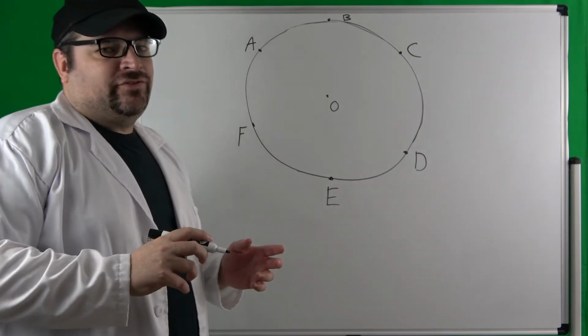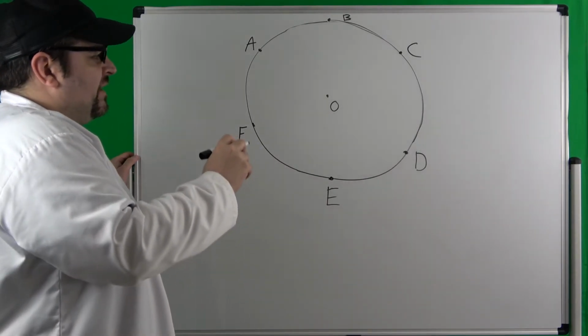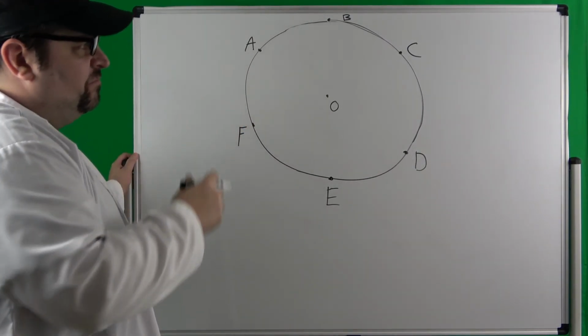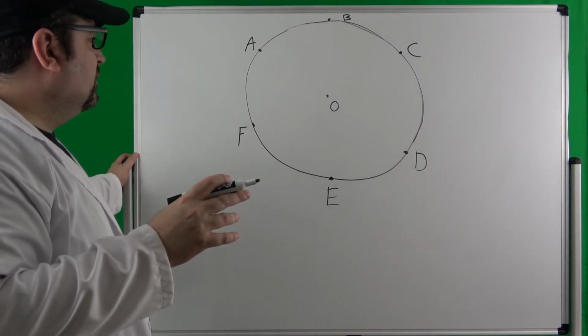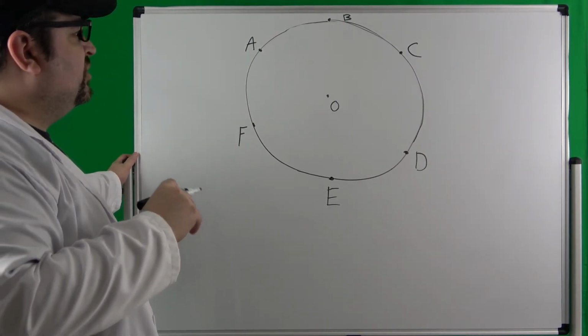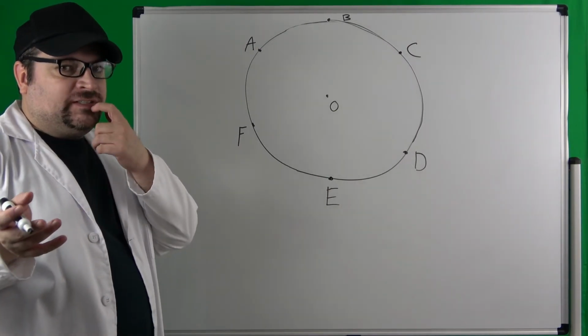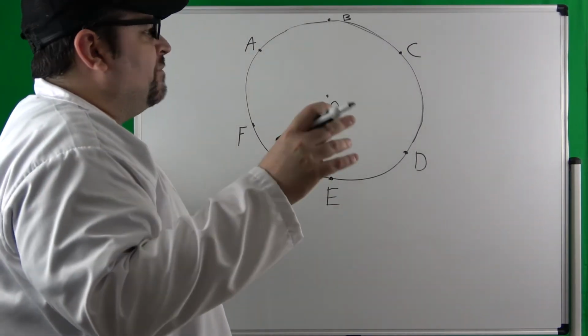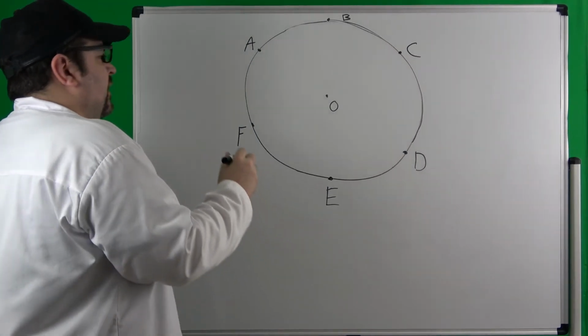Okay, this one might sound tricky, but if you just draw a picture, which that's technically supposed to be a circle, and if we just draw the lines on here that the question's talking about, we can make this question way easier.